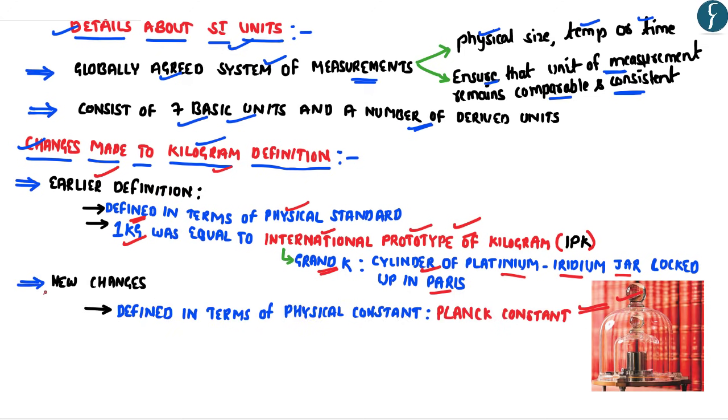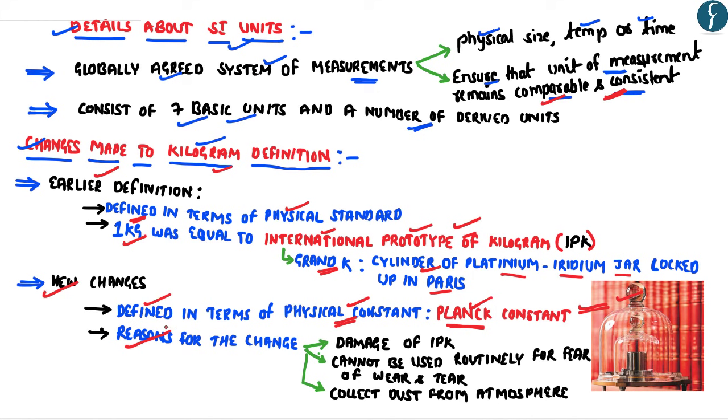The International Bureau of Weights and Measures has now decided to redefine kilogram in terms of a physical constant known as the Planck constant. It is to be noted here that since the Planck constant is a physical constant, it remains comparable and consistent across the world. And the main reasons as to why the definitional changes have been brought about include, firstly, the danger of damage to the international prototype of kilogram.